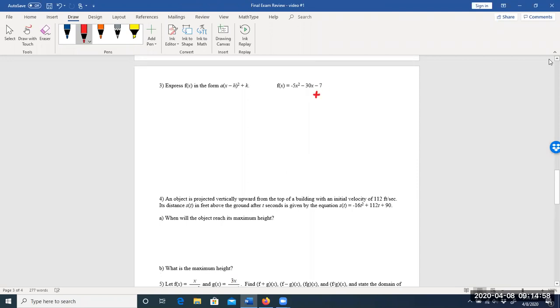First thing we're going to do is get rid of that 7. Not get rid of it, I guess, but move it to the other side just to get it out of the way.